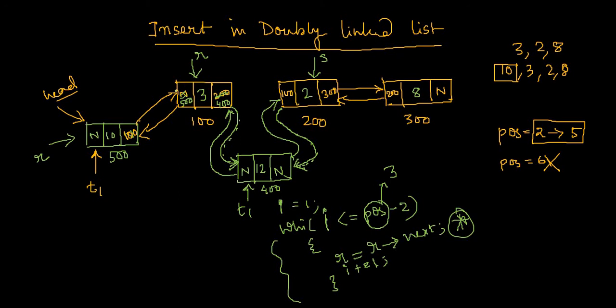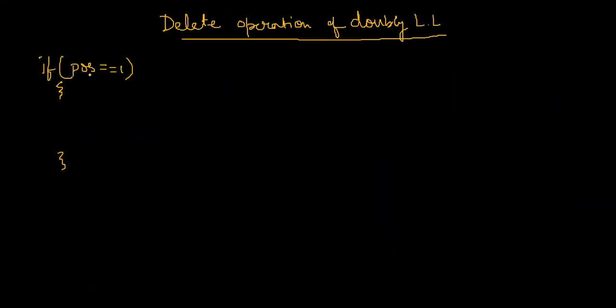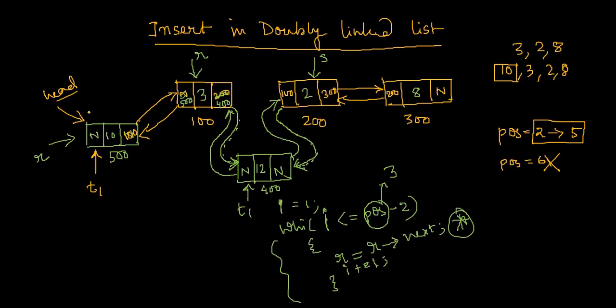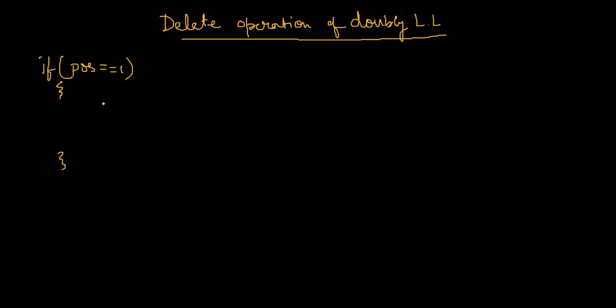But what is important is deleting this, keeping null in this part. So if pos equal to 1, the first thing is that you have to change your head. You can easily do that because you have a forward connection from the first to second.